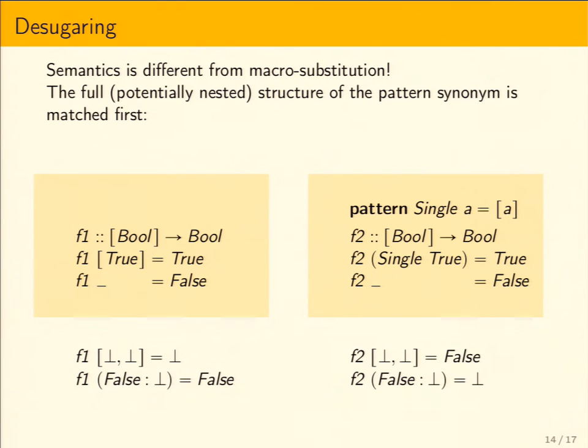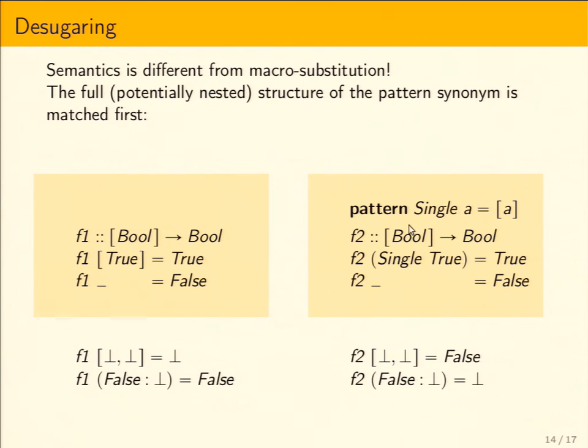And here what we see is that the one on the left, F1, is strict in the first element of the list. If you have a list which contains two bottoms, then this will first match the outermost cons. Okay, it's good, we'll go on. And then it will try to match the true against the bottom, so we get bottom.